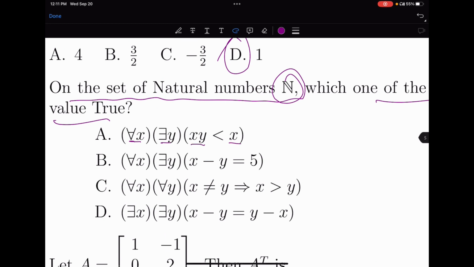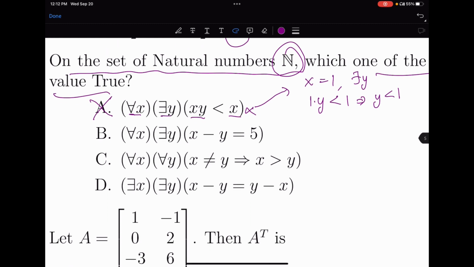Since we have for all x, let me take x to be 1. Then there exists y such that 1 times y is less than 1, which implies that y is less than 1. Now in the natural numbers there is no number less than 1. Therefore there cannot exist such y. Therefore A is false, A is not an answer.